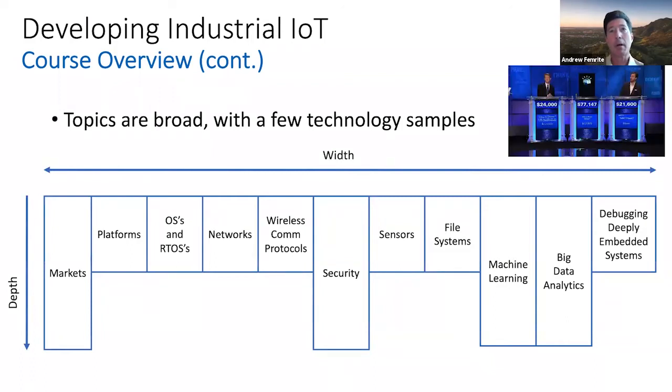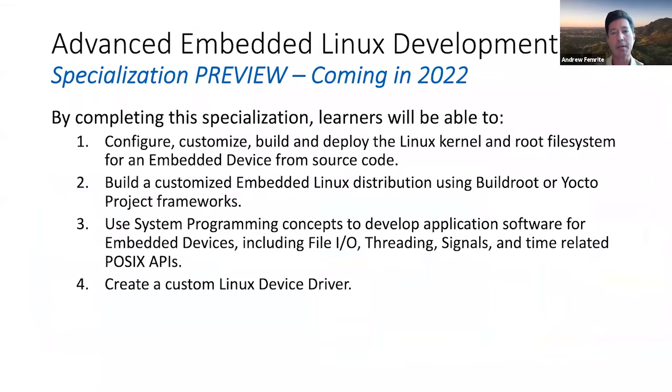Another example, currently under development, is the advanced embedded Linux development specialization, previewed here for you today. It's coming next year. We don't have a specific date yet. These conversions do typically take on the order of a year or more, especially with the hands-on aspects to them.